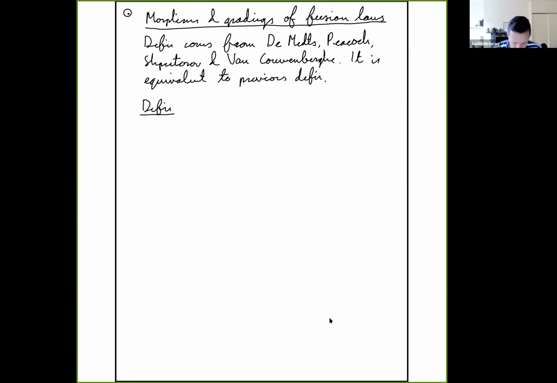So definition, let F1 and F2 be fusion laws.